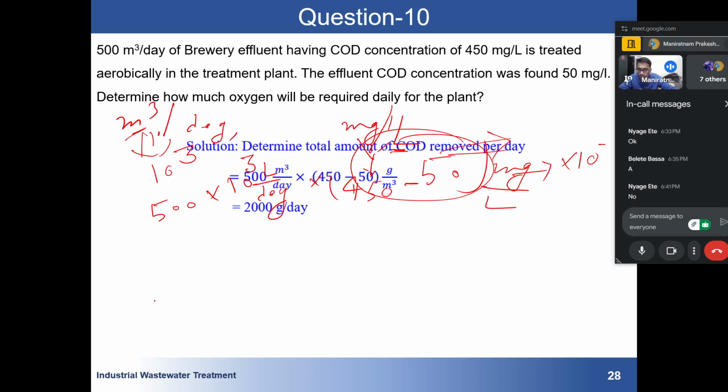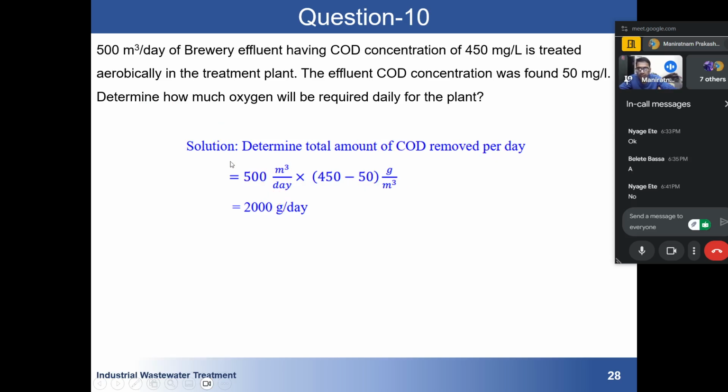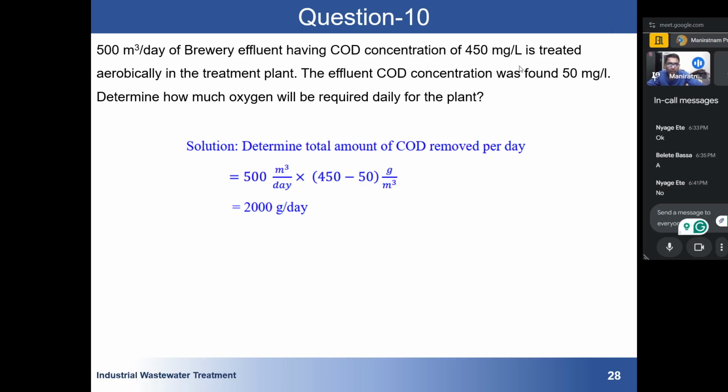Now, this I have also written here. You can see 500 meter cube, this much gram. I have converted milligram per liter: milligram converted to gram is 10 to the power minus 3, and liter is 10 to the power minus 3 meter cube.